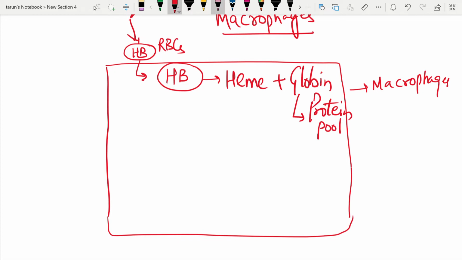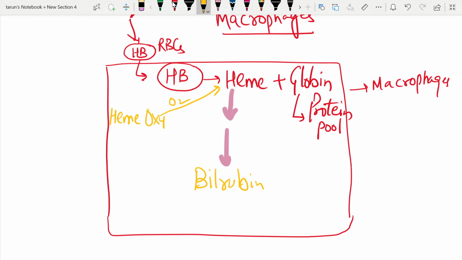And we'll see what happens to the heme. This heme will be converted into the yellow pigment, bilirubin, but there are two enzymes that act in between. The first enzyme gives oxygen to the heme, that is the heme oxygenase.